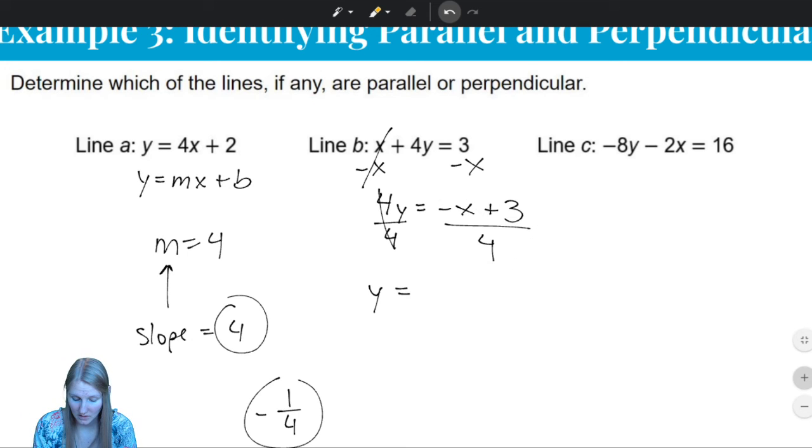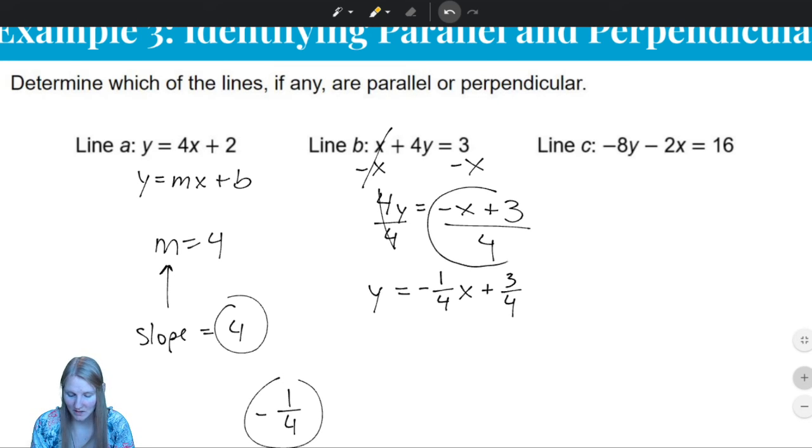So this is y equals negative 1 x divided by 4, or negative 1/4 x, plus 3 divided by 4. That's how negative x plus 3, divided by 4, turns into negative 1/4 x plus 3/4.